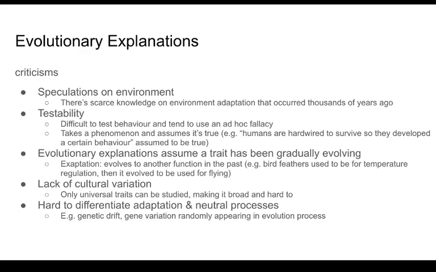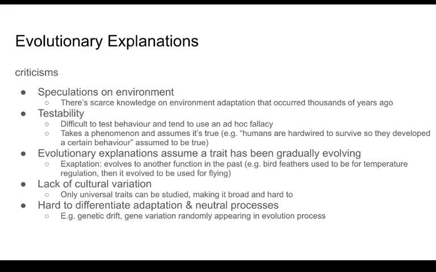So a lot of the things that are discussed in the realm of evolutionary explanations from a long time ago are speculated, what-ifs, hypothetical situations. So they're not very reliable.